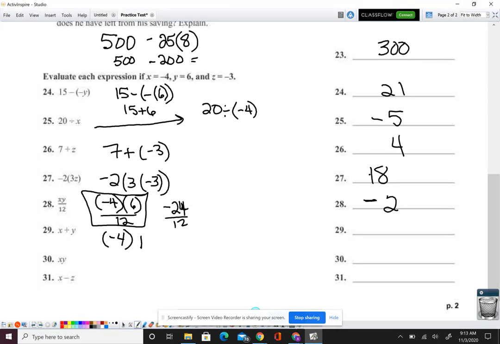29, negative 4 plus 6. Opposite signs, 6 minus 4 is 2. The sign from the larger is positive, so it's positive 2. 30, negative 4 times 6. Multiplying a negative and a positive, our answer is going to be negative. 4 times 6 is 24.